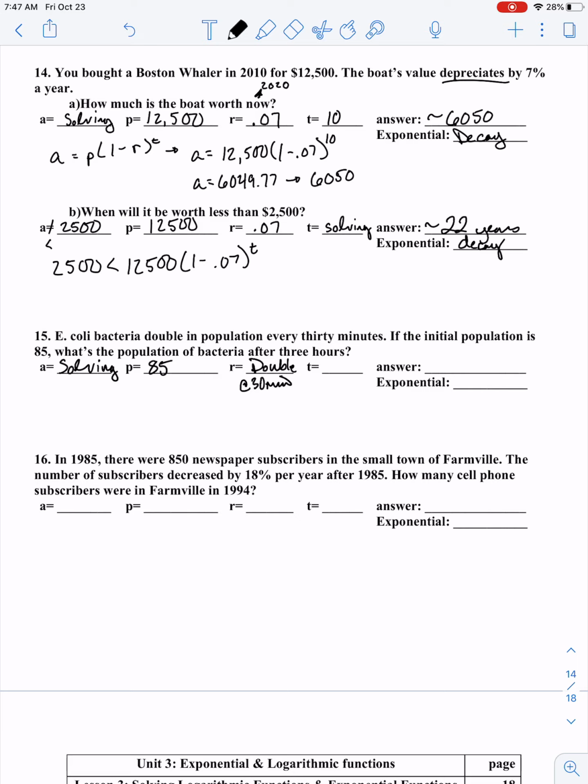These are tough because sometimes you'll put 30 minutes as your time, whereas the total time that's gone by is 3 hours. Now, because minutes and hours are different units of measurement, I'm going to change this to minutes. So 3 hours is 3 times 60, which is 180 minutes.